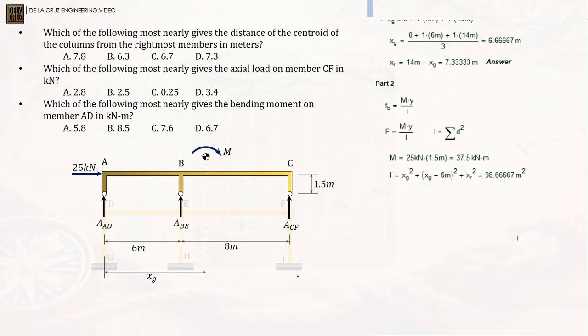So the main purpose of number 2 is to calculate the actual force on member CF. By the way, we also have shear forces there. Take note that for a pin, there are two force components: a shear force and an axial force. Alright? So this is what we will get first.